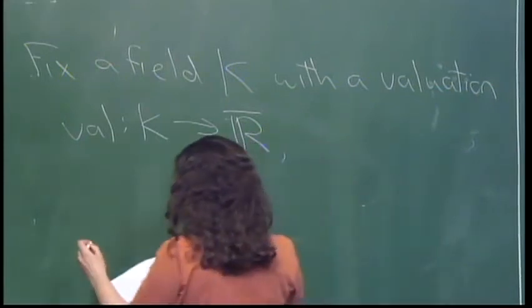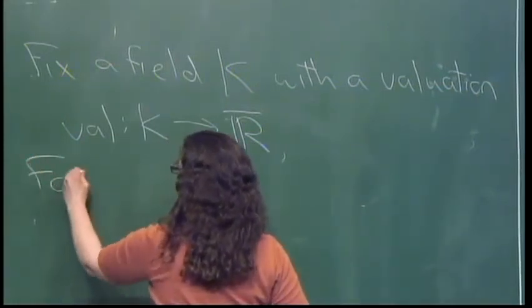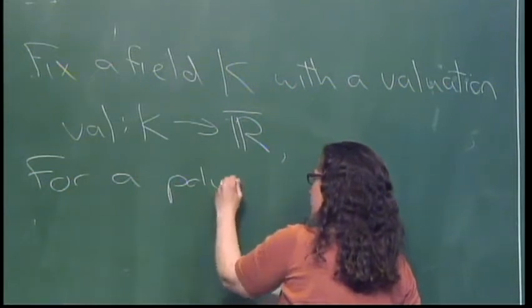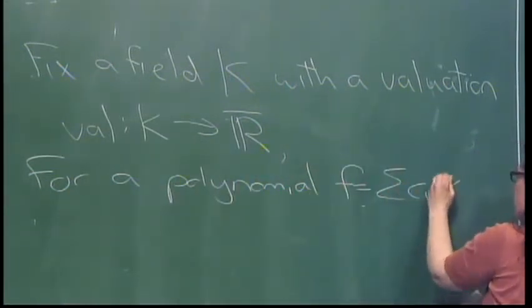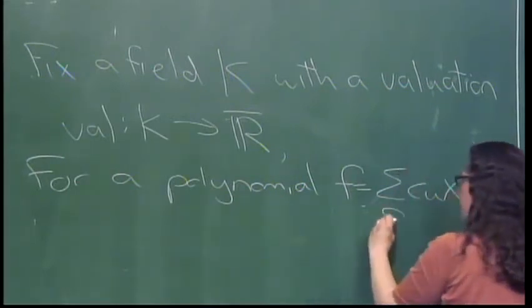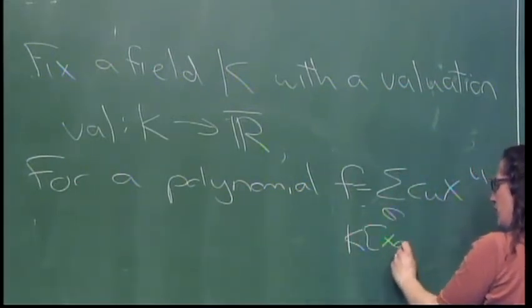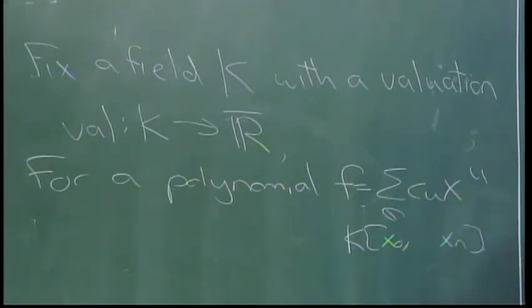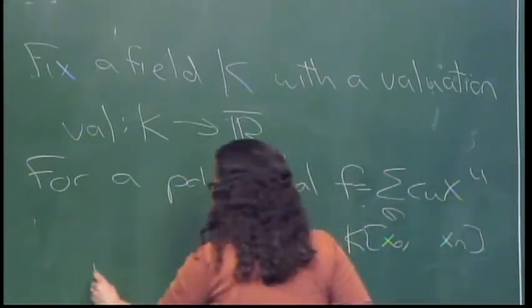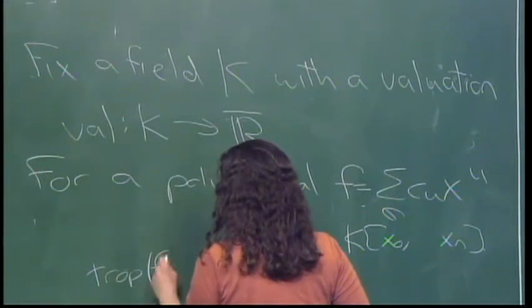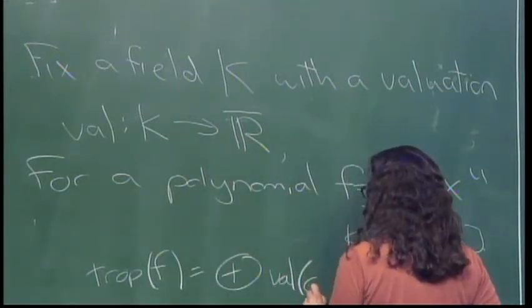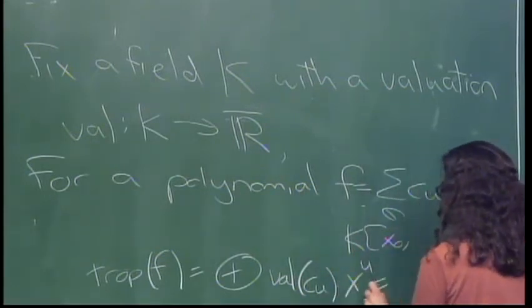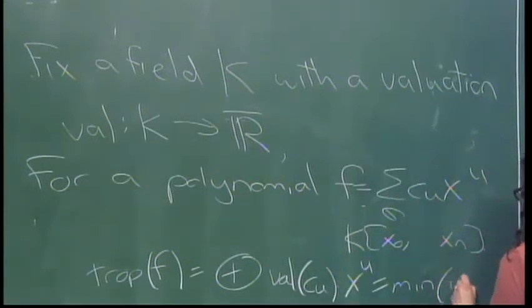And then for a polynomial F, which I might write as F being the sum of c_u x^u in the polynomial ring in my n+1 variables, I'm just going to say trop F, as we all know, is the tropical sum of the valuation of c_u times x^u, so that's just the minimum of the valuation of c_u plus x dot u.